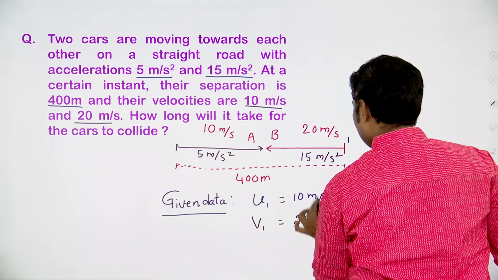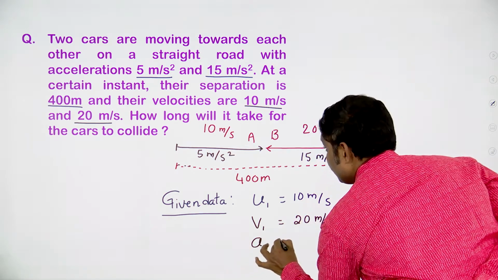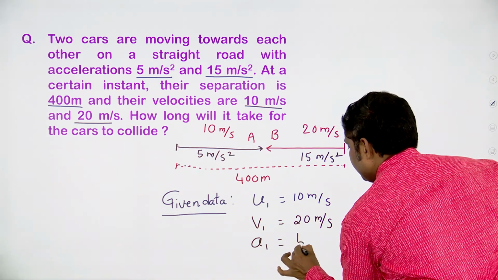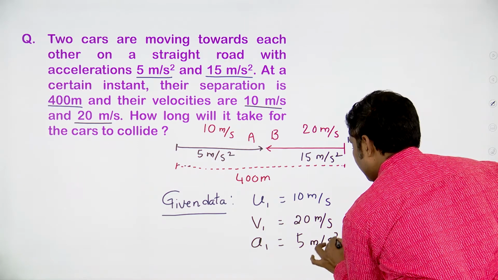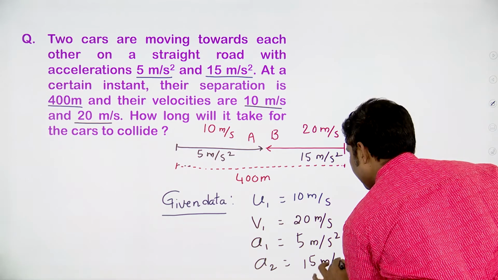We are going to take the two cars. A1 is equal to 5 meter per second square, A2 is equal to 15 meter per second square. It's very clear.